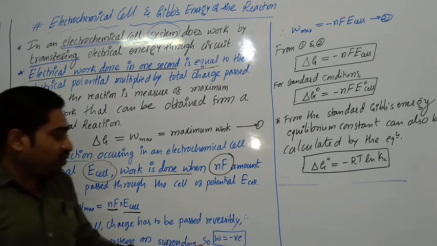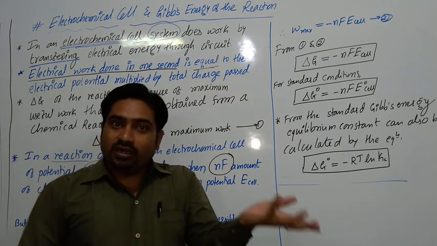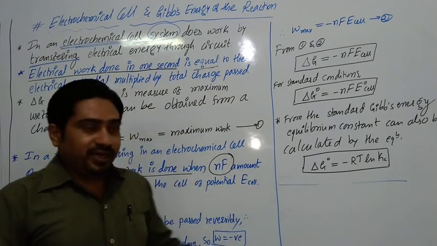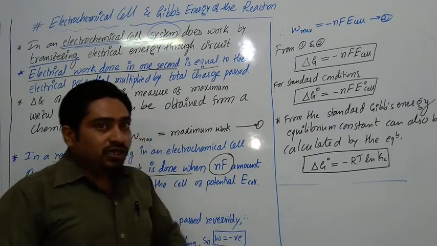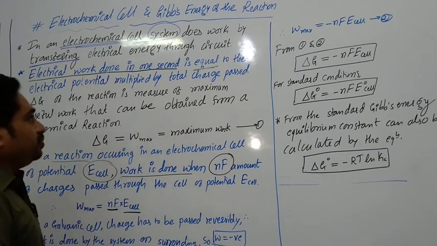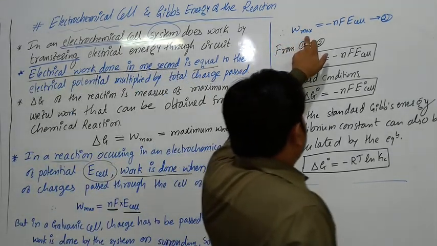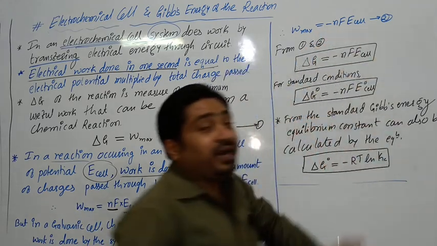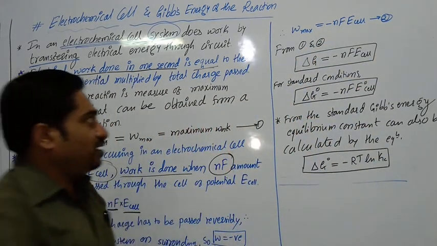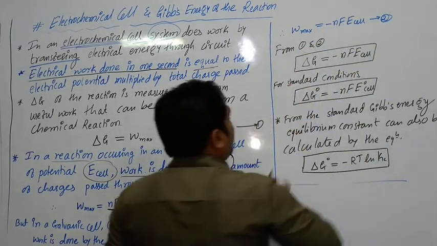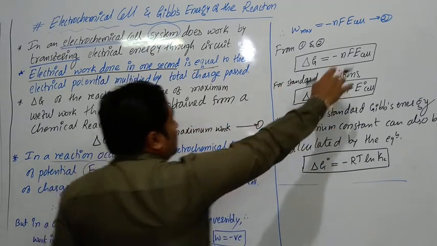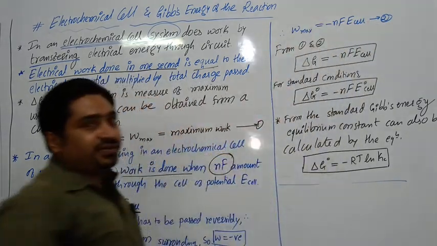For that condition, what do we have to take? W is negative according to thermodynamics. So work done is negative. Therefore, this equation becomes W max, maximum work done, is equal to minus nF E cell. I will call this equation number 2.